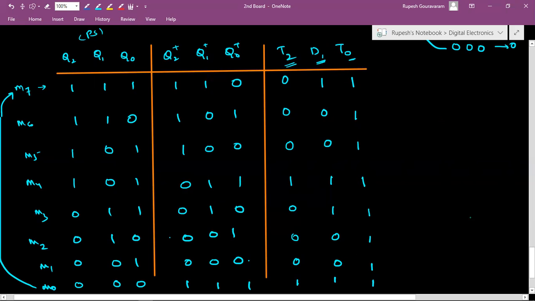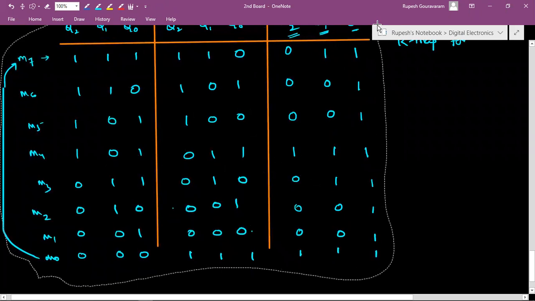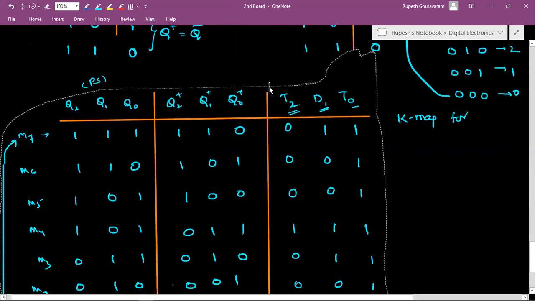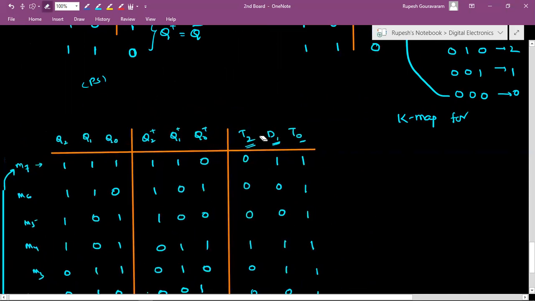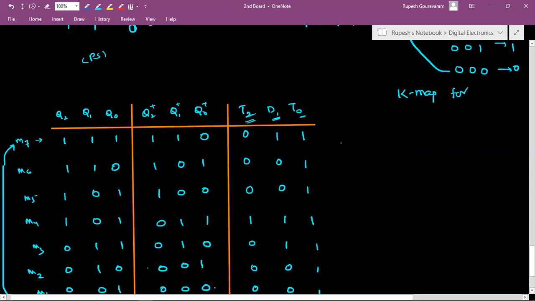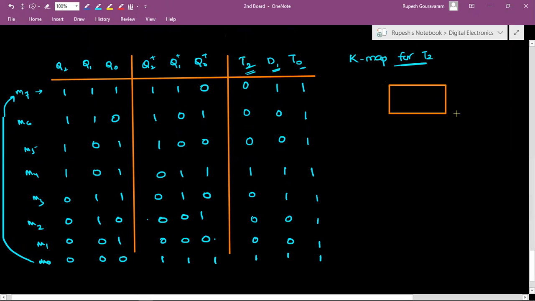So let me minimize this using a K-map. First we are going to find the K-map for T2. I'm drawing a K-map here.